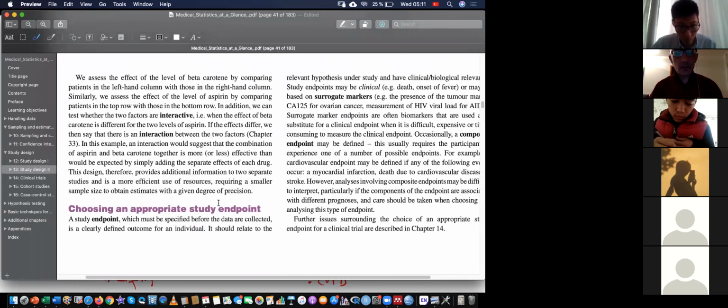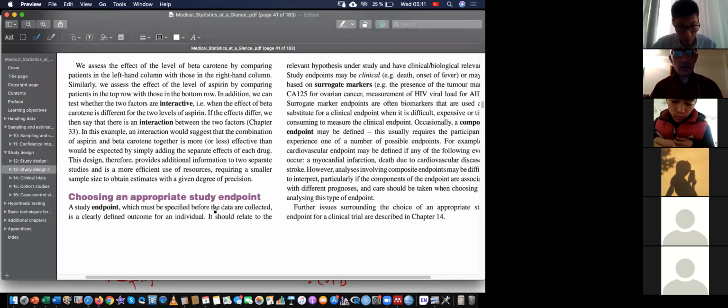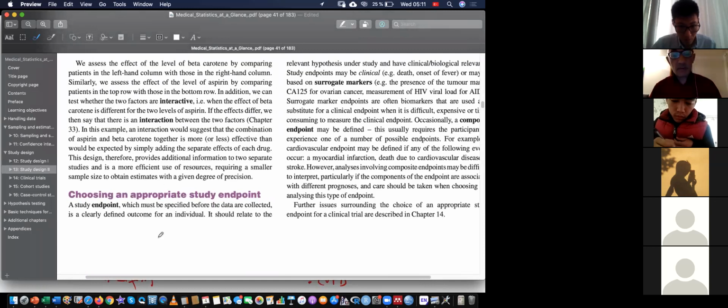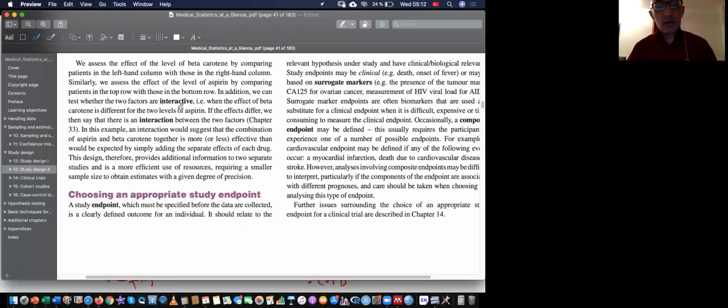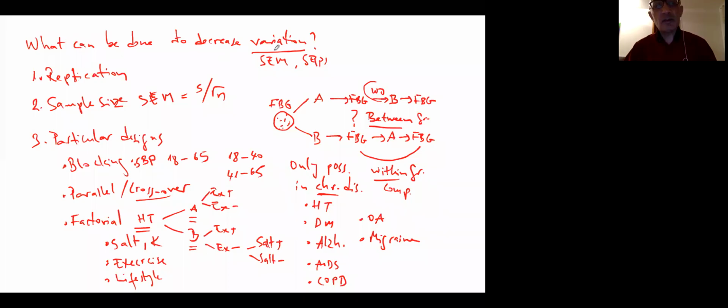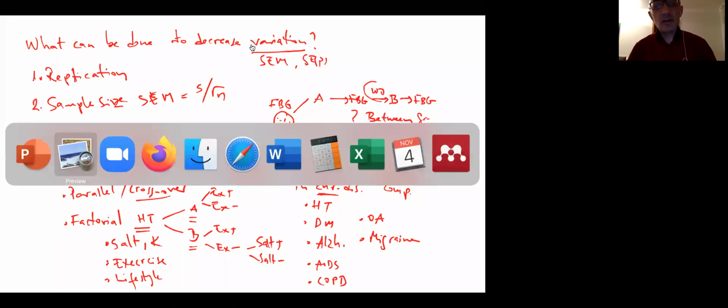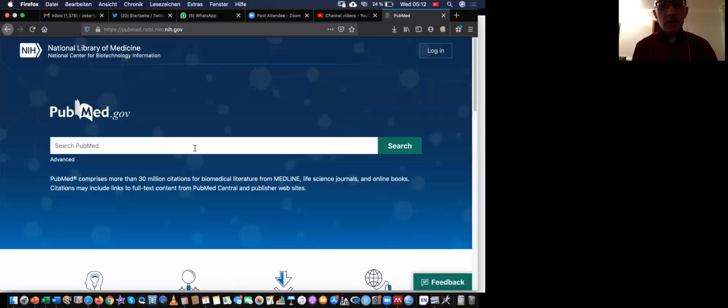Okay. My last point in this session is about the endpoint, the study endpoint, which is not directly related to the variation. Therefore, I should go to PubMed and make a search.